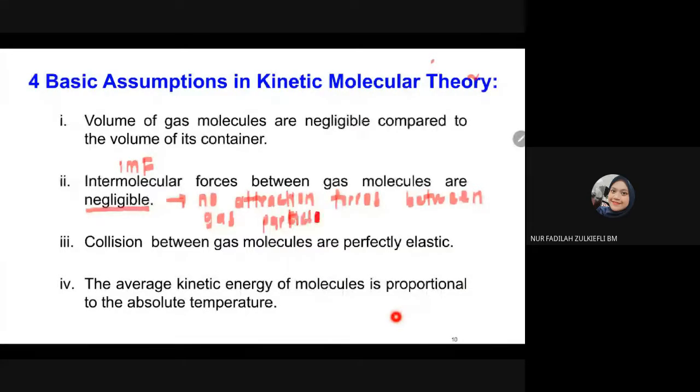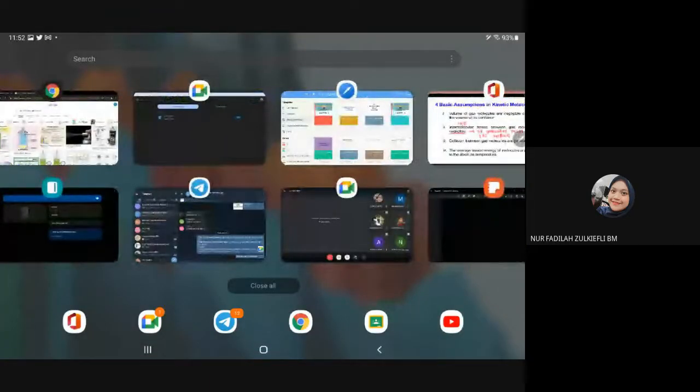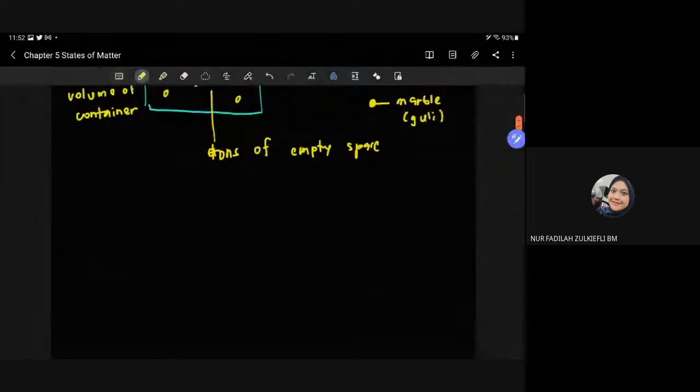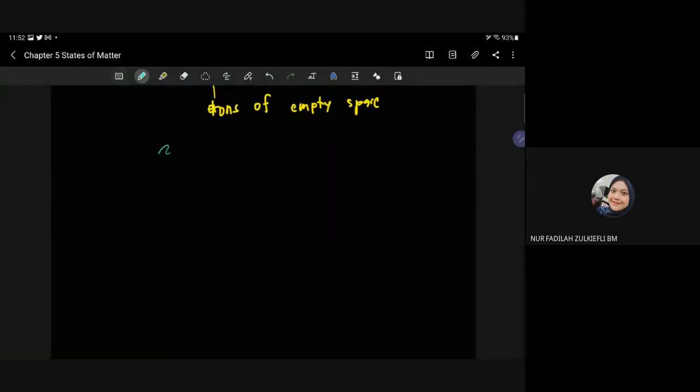Kenapa kita kata no attraction forces at all, no intermolecular forces at all between gas particles? Kenapa? Sebab macam ni. Okay, contoh macam ni. Okay, teacher draw another container.